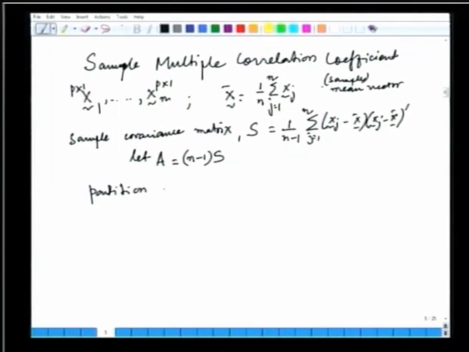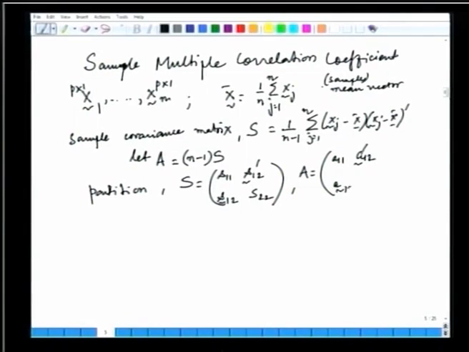I consider the partitioning of S. So, I write this as S11, S12, just like the way we had handled sigma, S12 and S22. Similarly, I can have a partitioning of A also, not a problem. So, I have here A11, say, the vector A12 prime, A12 and the matrix A22.